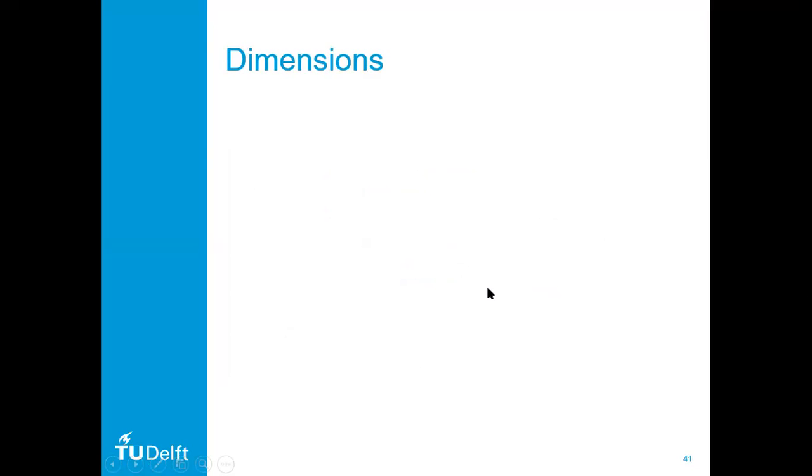Okay, the last I want to discuss today is about dimensions. We saw in the beginning the question we had from one of the students: by what is the operation of a compressor limited?